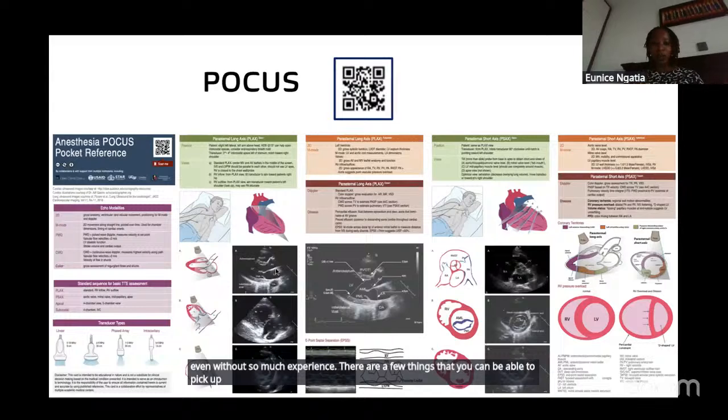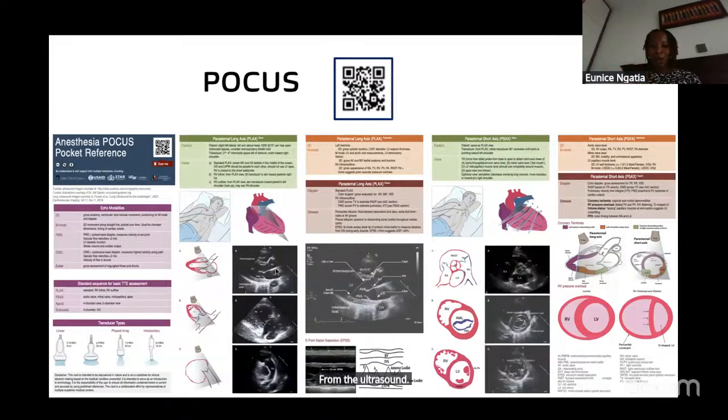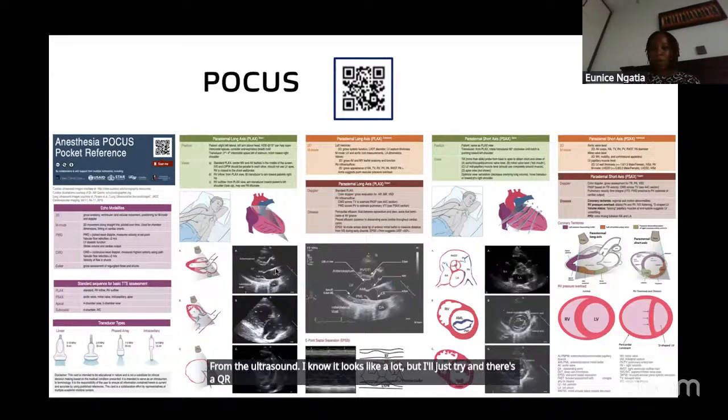from the ultrasound. I know it looks like a lot, but there's a QR code there. Maybe you can all scan it so that we can go through it.